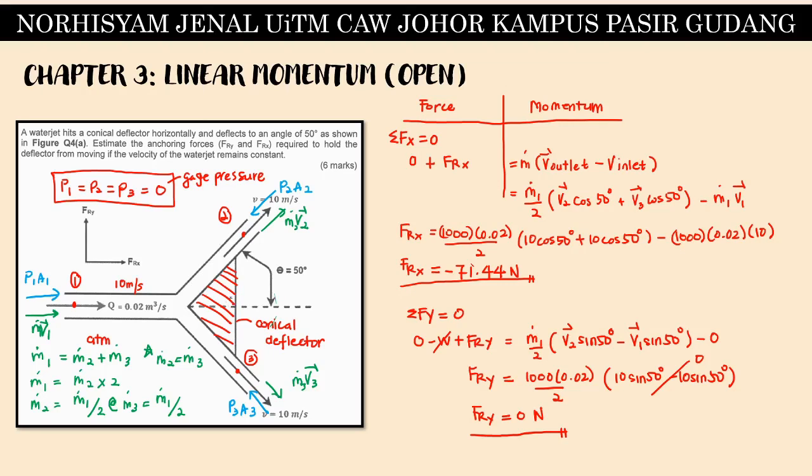And in order for us to overcome the movement, we have an anchoring force of FRX moving to the left. So that's why the answer for this question is negative 71.44 Newton. So this is the FRX. That's all for this question.